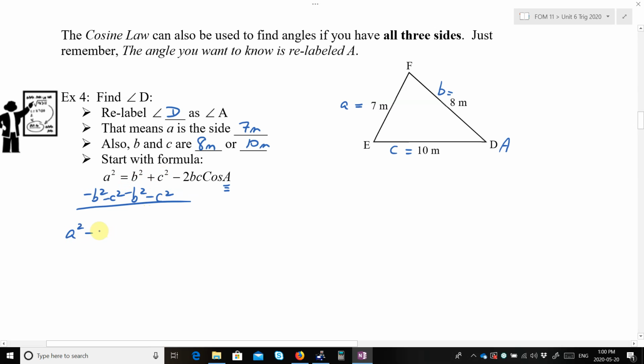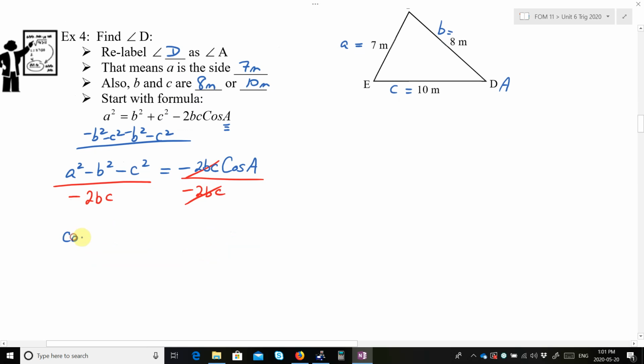And we get a squared minus b squared minus c squared equals negative 2bc cos A. And then divide both sides by negative 2bc. And we get that cos A is equal to all of this: a squared minus b squared minus c squared divided by negative 2bc.